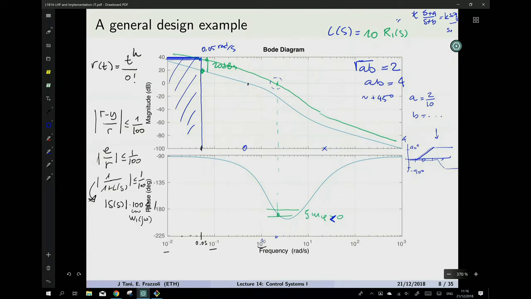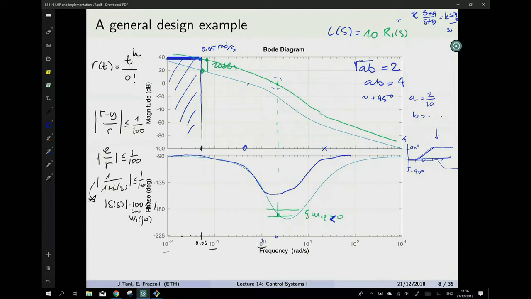This allows us to get a phase bump. Thanks to this extra term, we get a phase contribution that is probably something like this. So we would bump up the phase, and we would meet our requirements.